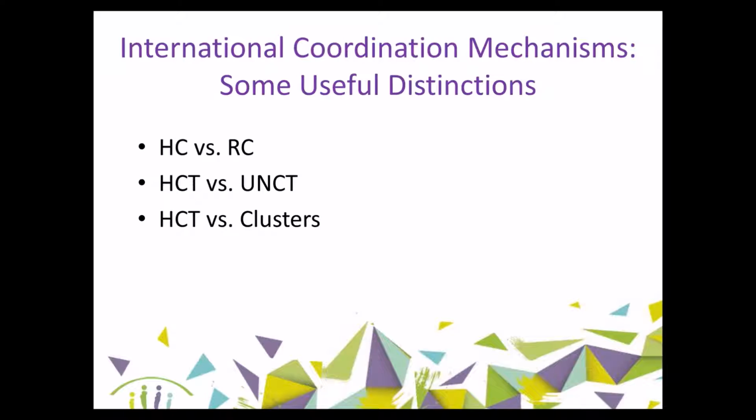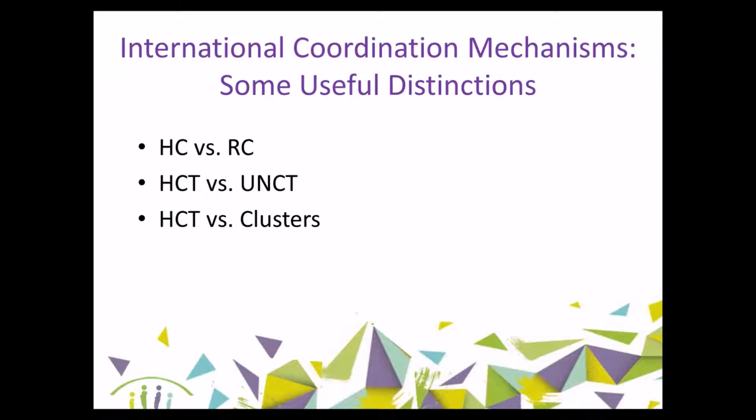It needs to be noted that like the HC and RC functions, the UNCT and HCT coexist. They do not replace each other. The RC or HC is responsible for ensuring complementarity, and that's a great word, between the two entities.